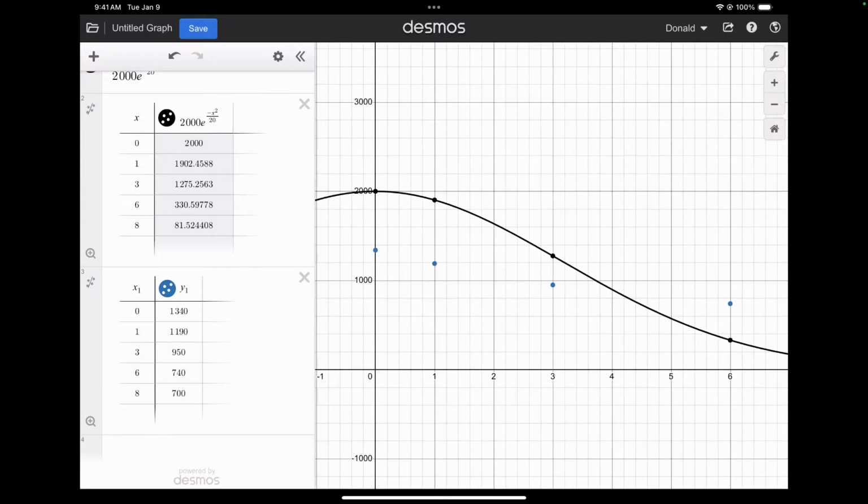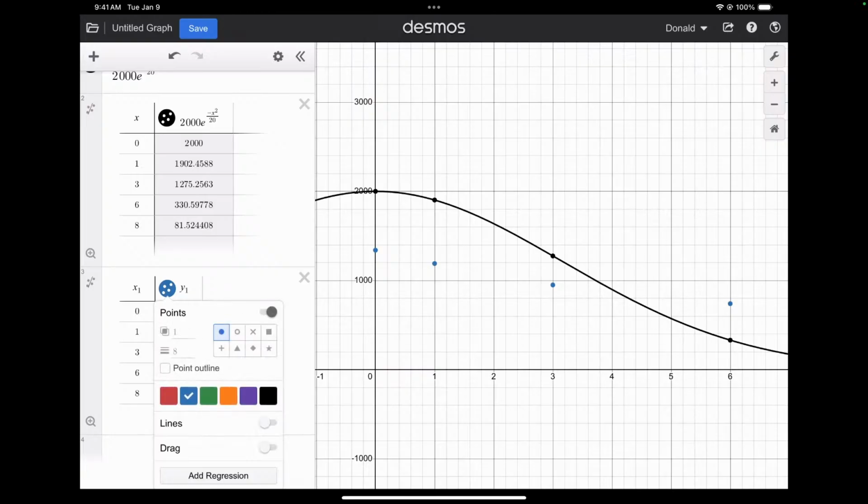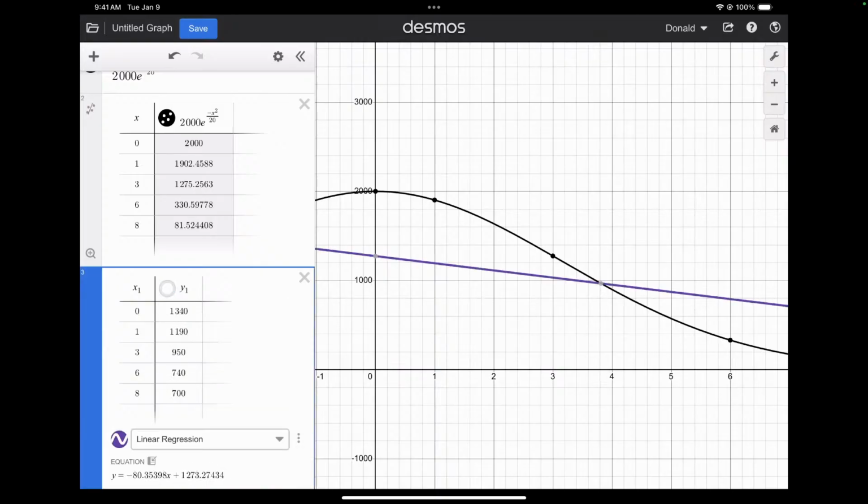Maybe there's a way. Oh, click on this. Wait, like dots. No, this is regression. This is not what we want. So I don't want a regression, but there's a way to connect dots. Some people say it's right here. It's fine, but the table does not tell you it's for sure a straight line.